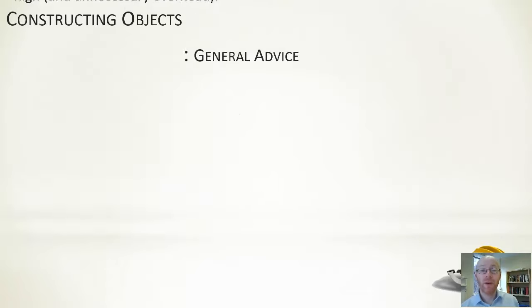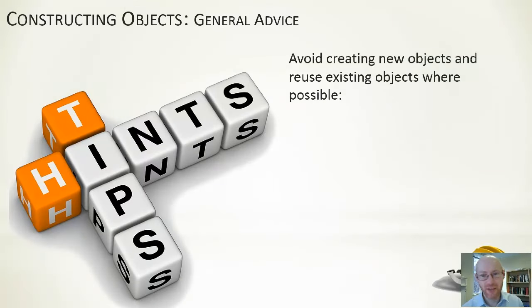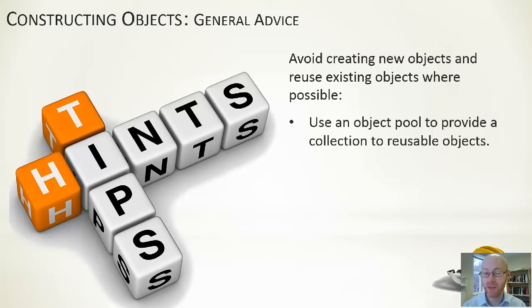General advice when it comes down to objects, and this is sage advice, is that wherever possible, we don't want to create new objects. We should ask, can we, and if we can, we should be reusing existing objects that we've created. So we could use an object pool to do that. It's a collection of objects.